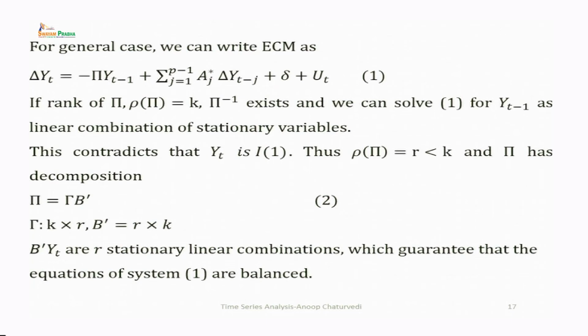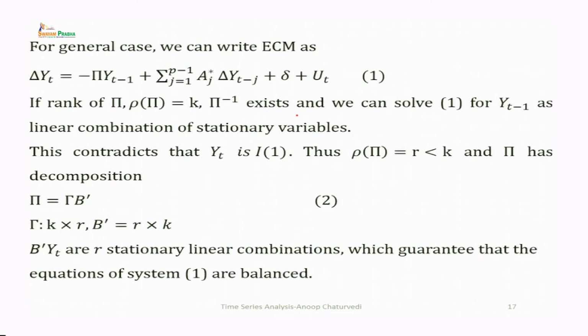So, now we consider the general case. We can write the error correction model in this form, which we have derived earlier, and then if the rank of pi is equal to k, then pi inverse exists.